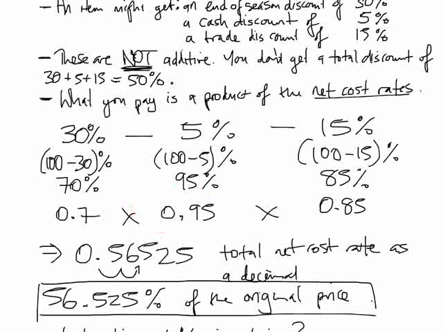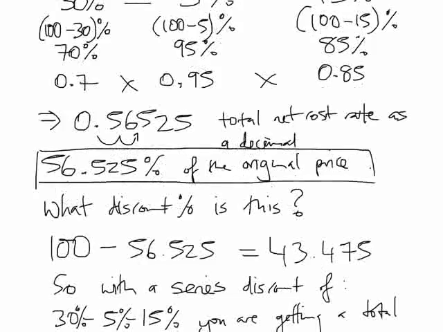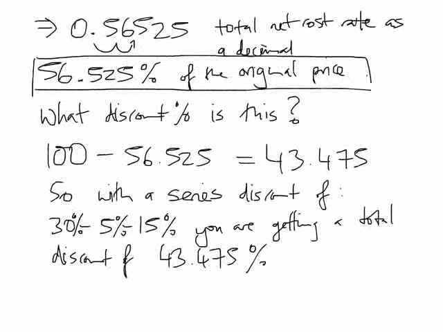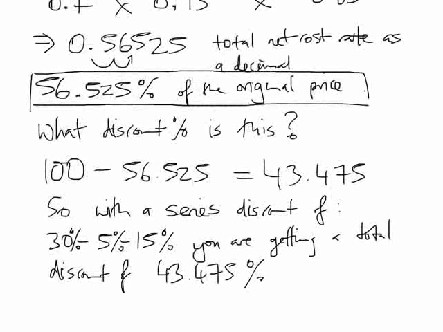So now you're even lower, and then at this point you are 95% of this 70%, and you're only paying 85%. So that's why it's not additive. That's why it's product. So try to remember that. Hopefully these instructions help you out with working these questions out for exercise 3C.7.